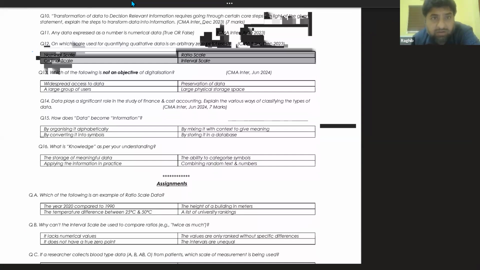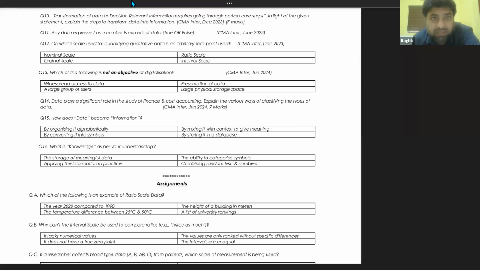Transformation of data to decision relevant requires going through certain core steps. Explain the steps to transform data into information. This is the 8.3 area. Any data expressed as a number is numerical data. True. In this manner, various questions are there.